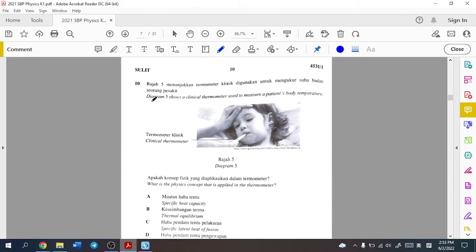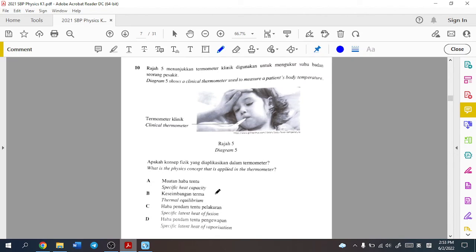So question 10, diagram 5 shows a clinical thermometer used to measure a patient's body temperature. What is the physics concept that is applied in the thermometer? Okay, so specific heat capacity, no, because specific heat capacity is about the amount of energy you apply in order to increase the temperature of 1 kg of substance, 1 kg, because this here is specific.